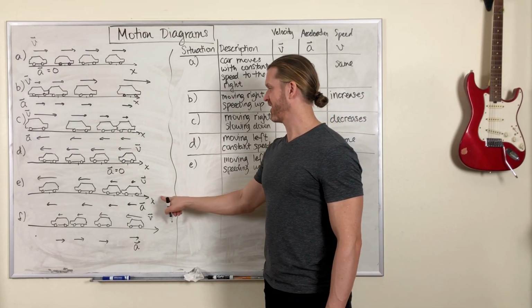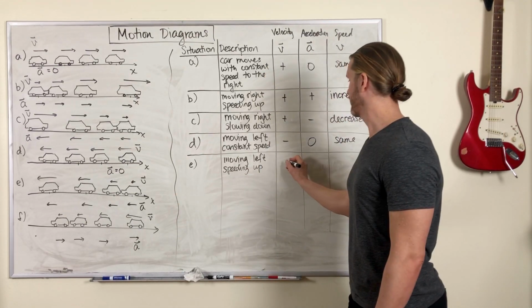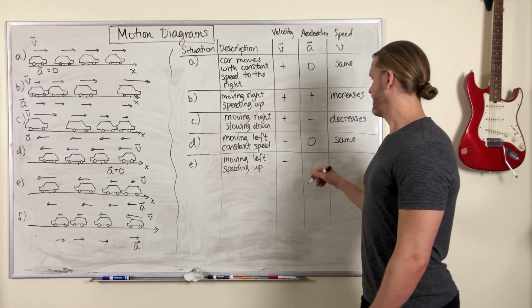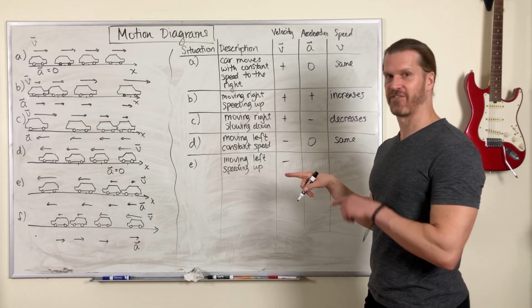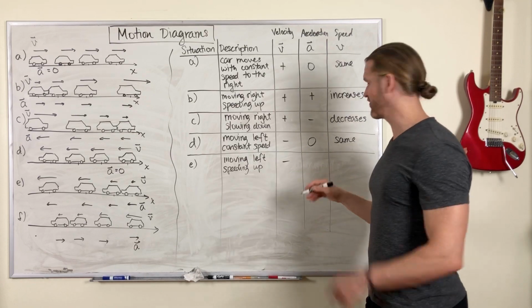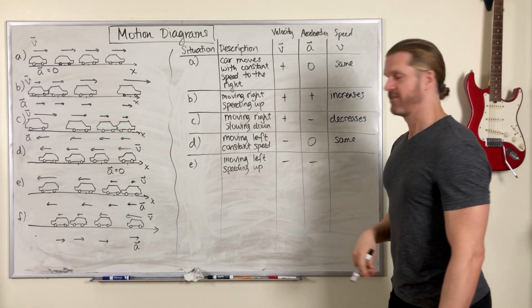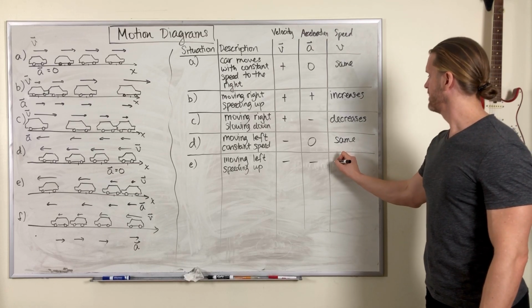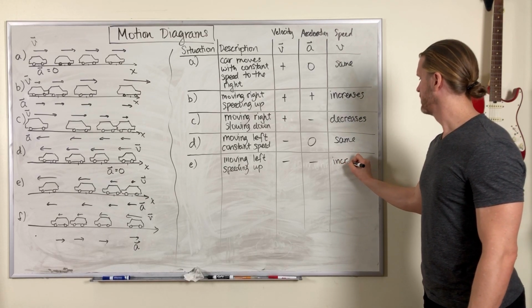That all has to do with the coordinate system. The car is still moving to the left, so the velocity vector is still negative, and it's speeding up, which means the acceleration vector is in the same direction as the velocity vector. So both of those are negative. That means the speed increases.